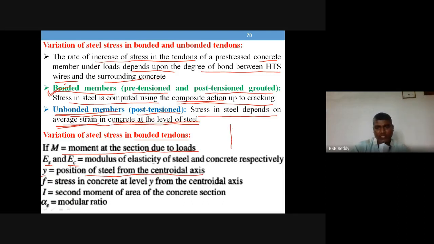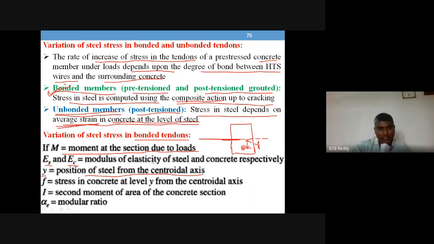If the cross section of the member is like this, so this is the CG of the cross section. For example, if the tendon is placed somewhere here, this distance is what we call Y, the position of steel from the centroidal axis.